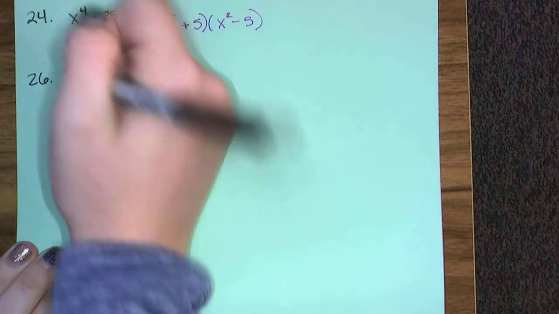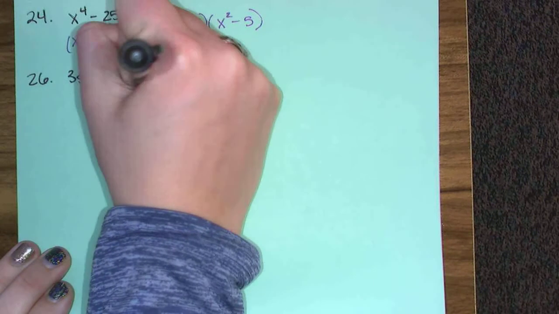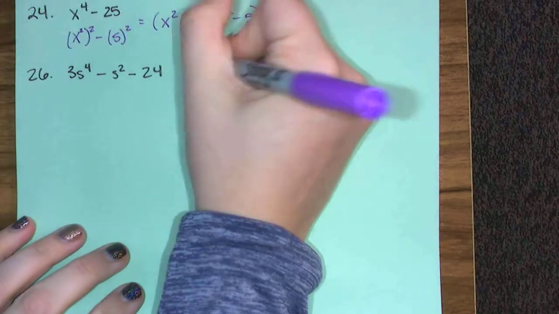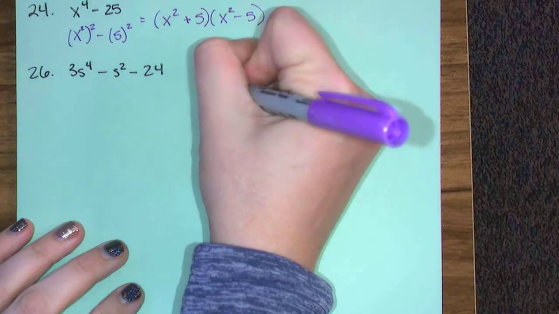Alright, 26. 3s to the 4th minus s squared minus 24. Okay, so 24 and 3.